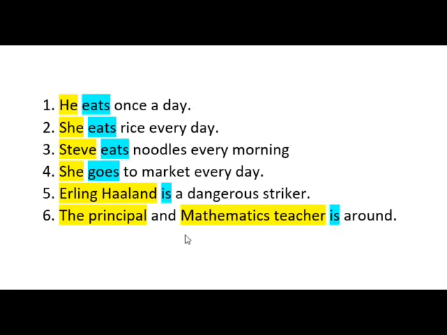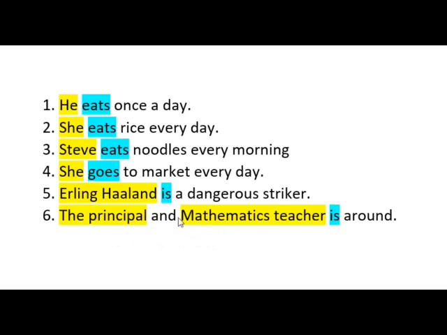So if we have another article, the, here, to make the sentence the principal and the mathematics teacher, the second the before mathematics is an indication that the principal is different from the mathematics teacher.